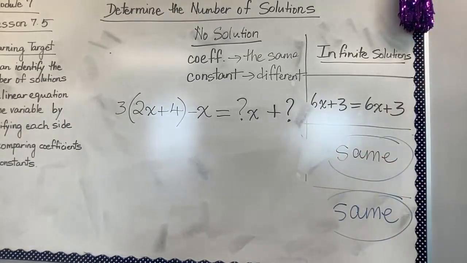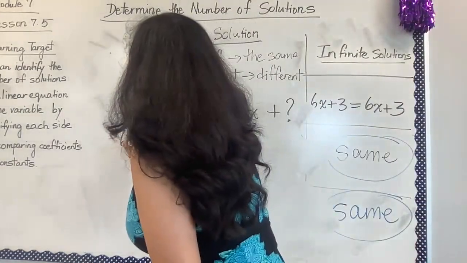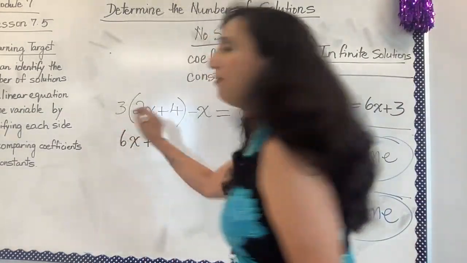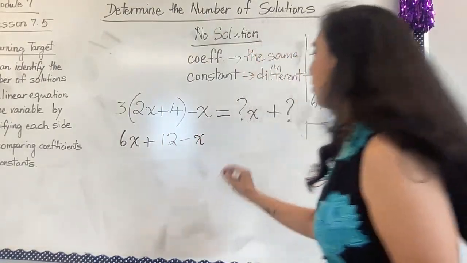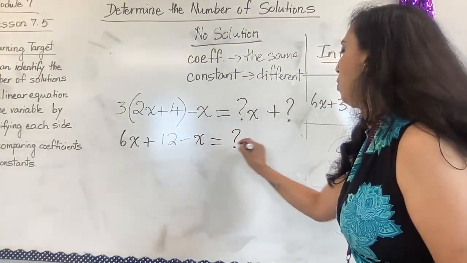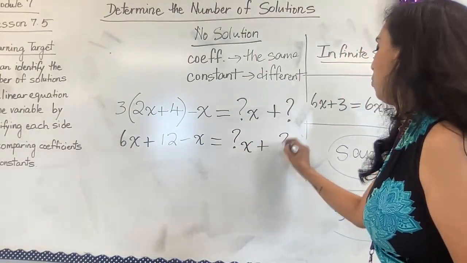That's what we are trying to find. So we've written out the equation. We're going to use the distributive property first, and 3 times 2x gives me 6x plus 3 times 4 gives me 12 minus x, all right, is equal to what coefficient plus what constant.